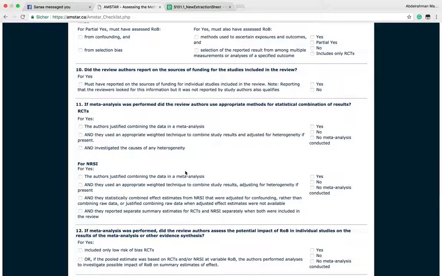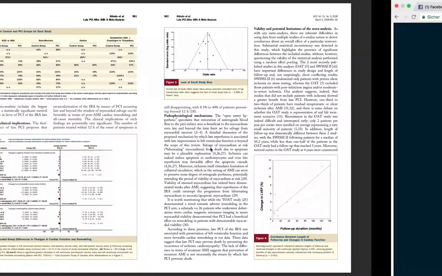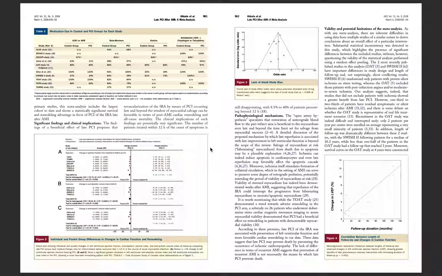11. If meta-analysis was performed, did the review authors and so on? For yes, the author justified combining data in the meta-analysis, and they use an appropriate weight and technique to combine results. Okay, so we'll check if they made the heterogeneity test and investigated the causes of the heterogeneity. This is important.